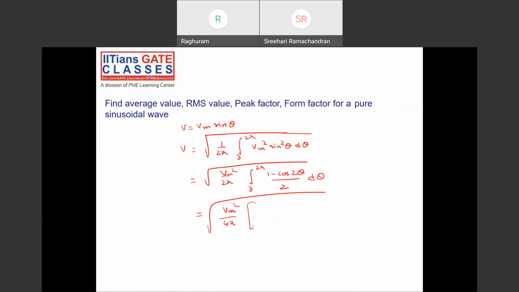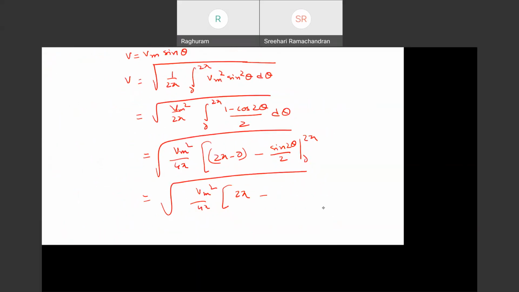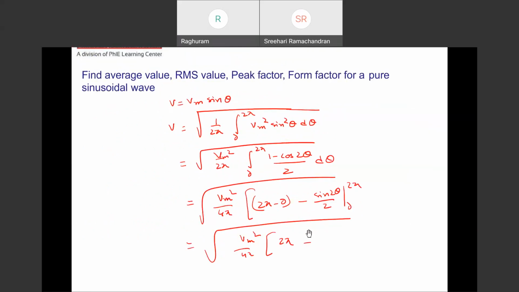So what is the integration of 1? It is theta, from 0 to 2 pi, which is 2 pi minus 0. The integration of cos 2 theta is sine 2 theta by 2, from 0 to 2 pi. So this will be Vm square by 4 pi times 2 pi minus sine n pi, which is always 0.